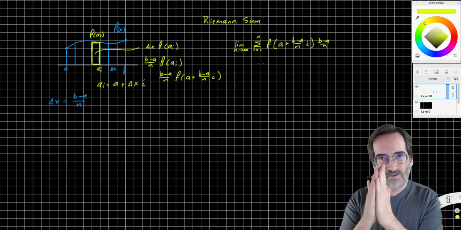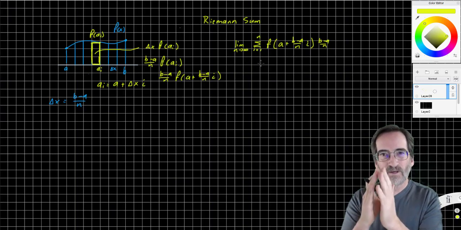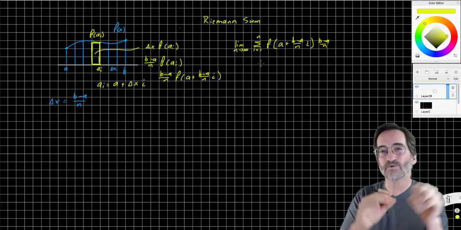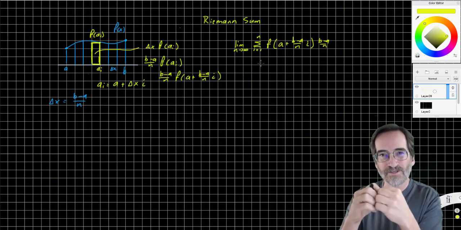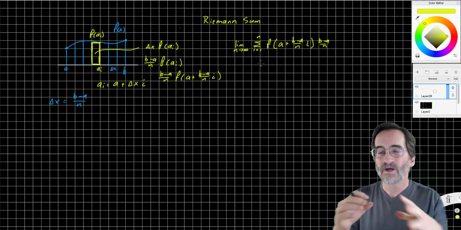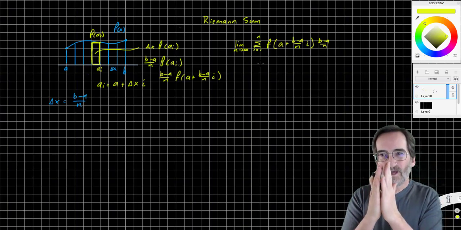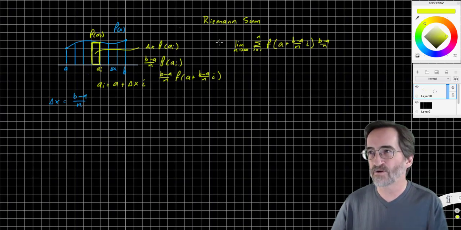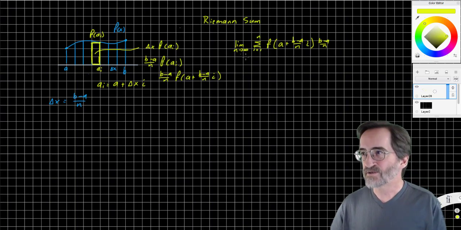The area of each rectangle is going to 0, but the number of rectangles is growing to infinity. So we have this race to infinity and to 0 going on at the same time, and they counter each other. And we're taking the limit as the bins get super, super, super small, it approximates very closely the true area under the curve. And this then is the definition of a definite integral.